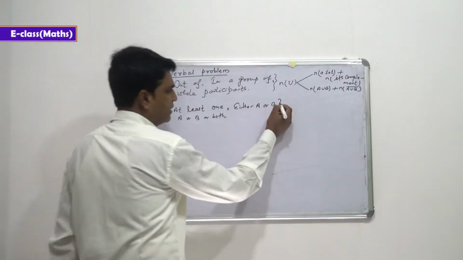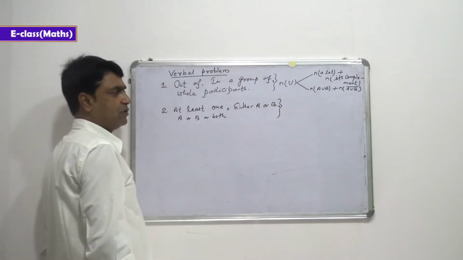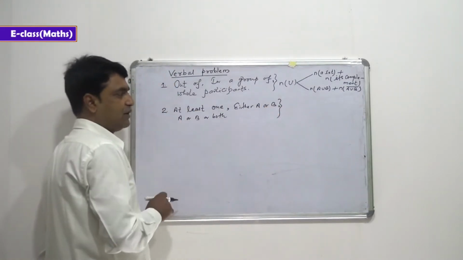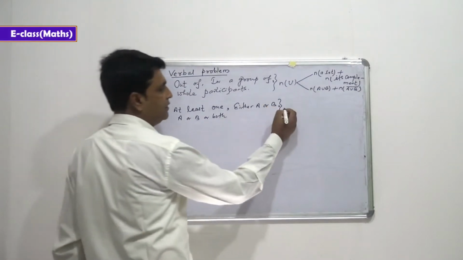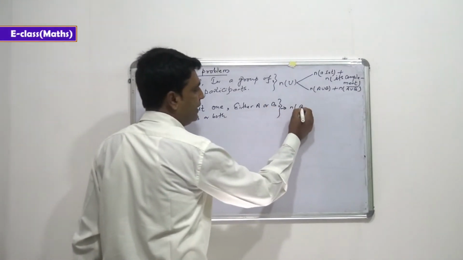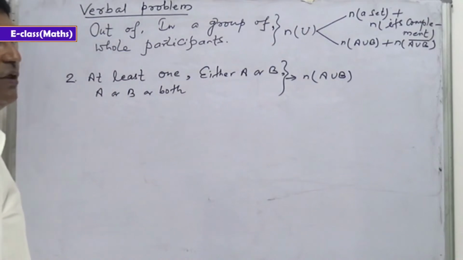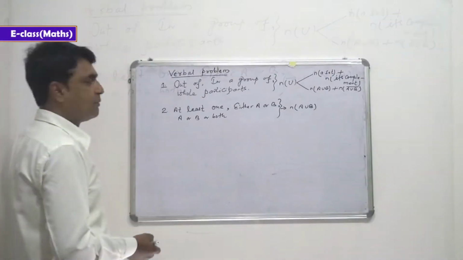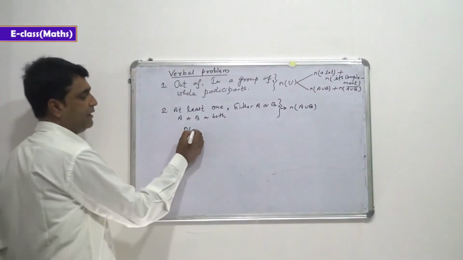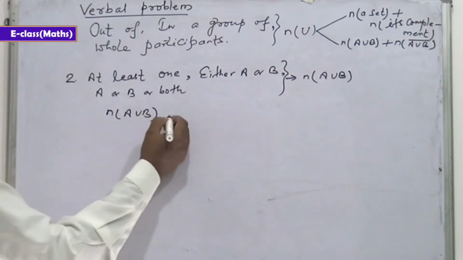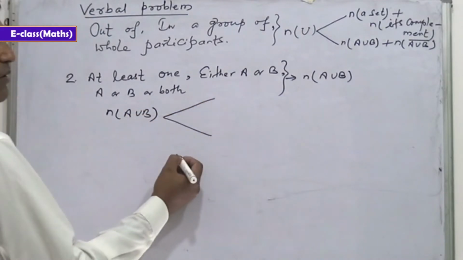So we conclude there by these three different observations. They represent n(A union B) only. n(A union B), and what formulae do we know about it? n(A union B) equal to, what do you know about it?